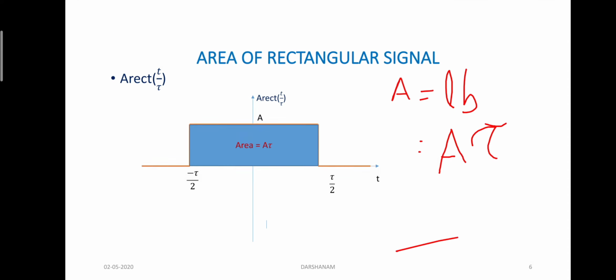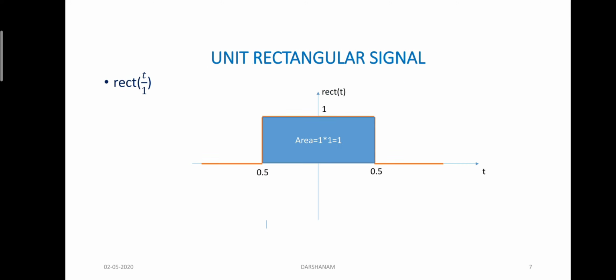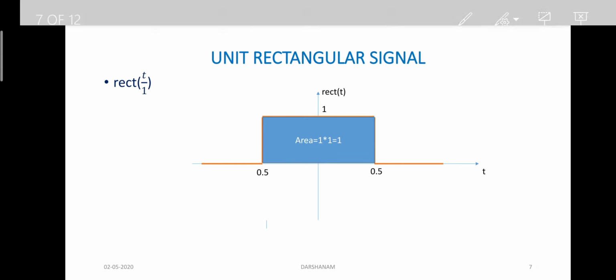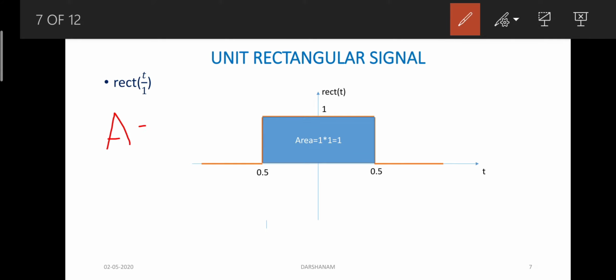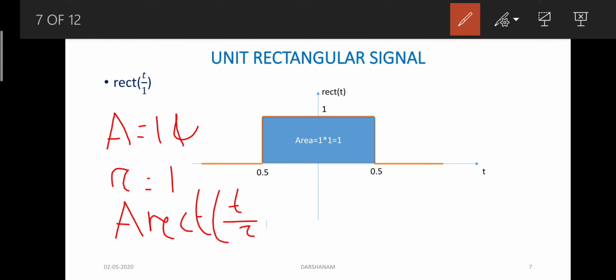So whenever the area of a rectangular signal is equal to 1, we can call it a unit rectangular signal or unit rectangular function. The notation will be, when A equal to 1 and tau is equal to 1, A into rect t by tau can be represented as rect t by 1.